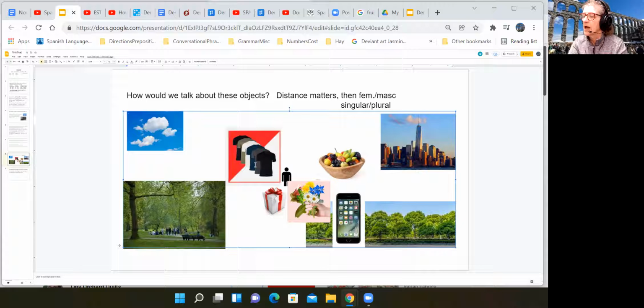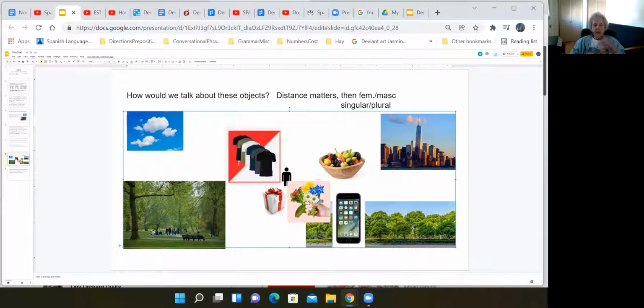A ver. Let's talk about camisetas, some t-shirts. Estas camisetas. Camisetas, they're still pretty close to him. Estas camisetas. Okay, camisetas, sí. Bien. But now let's say he wants to talk about the black one that's closest.